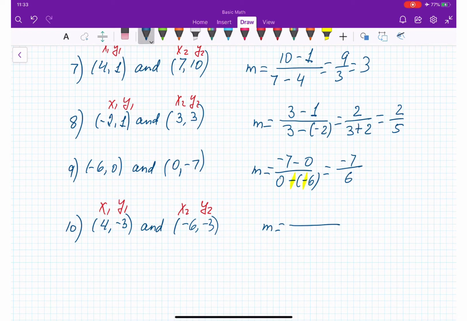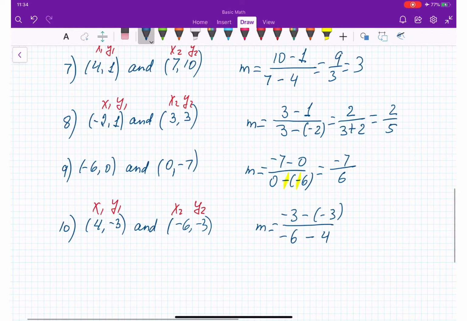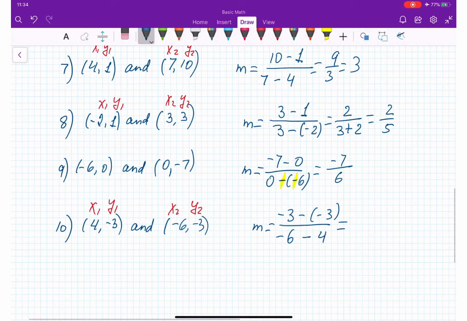All right, we are getting negative 3 minus negative 3 over negative 6 minus 4. So what do we get? Negative 3 plus 3 is 0, and negative 6 minus 4 is negative 10. 0 divided by negative 10 is 0.